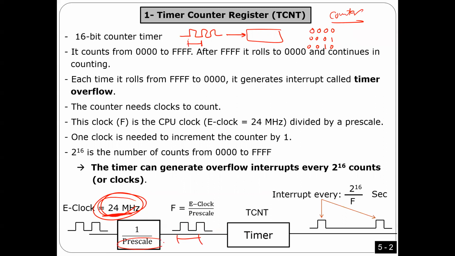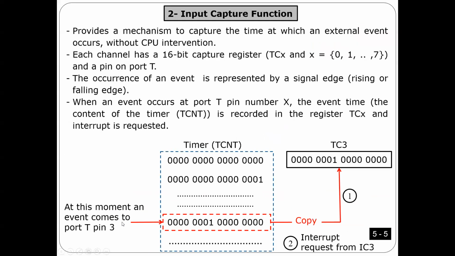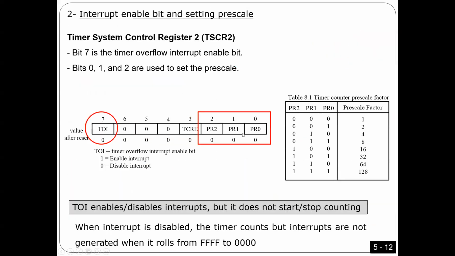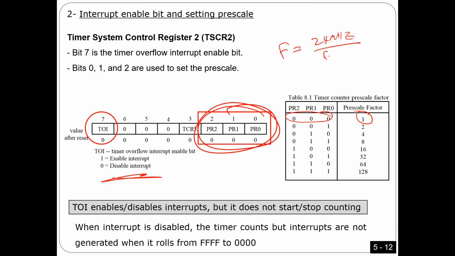So how can you program the prescale? I'm going to explain later in detail, but for now, we have a register with these 3 values. If you put 0, 0, 0, the prescale is 1. That means the frequency, remember, equals 24 megahertz divided by the prescale.